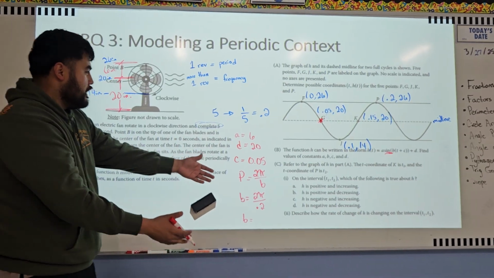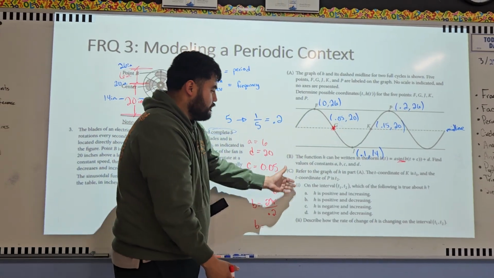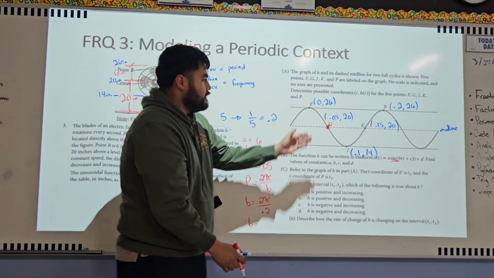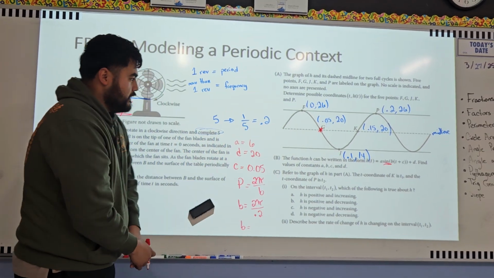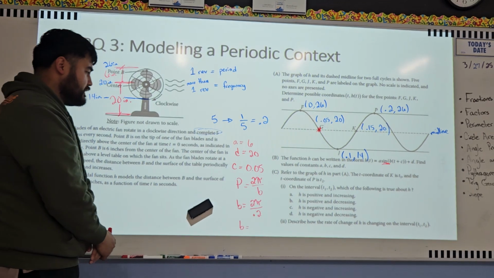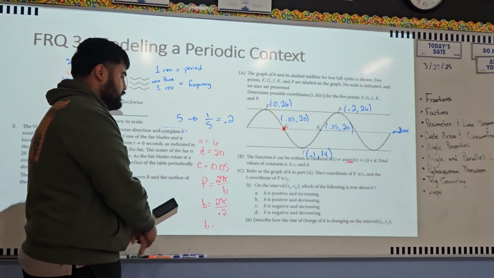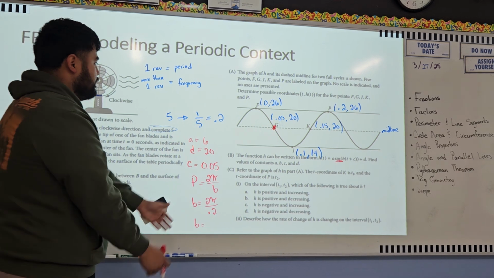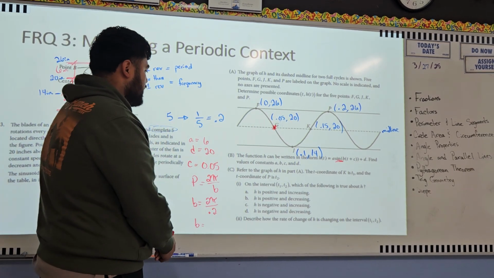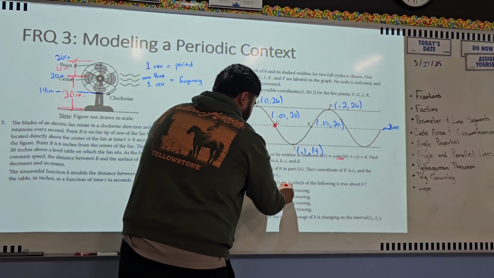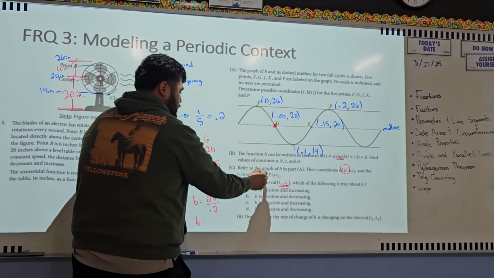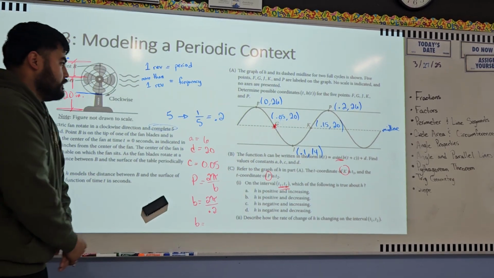Another easy one. C1, the only way to answer it is if all these points are already plotted and labeled. It says on the interval T1, T2, which of the following is true about H? What is true about this function H? T1 and T2, we said, were K and P. So where are K and P?